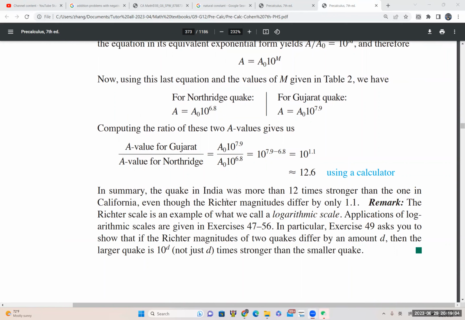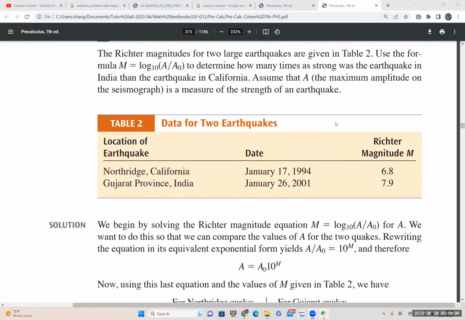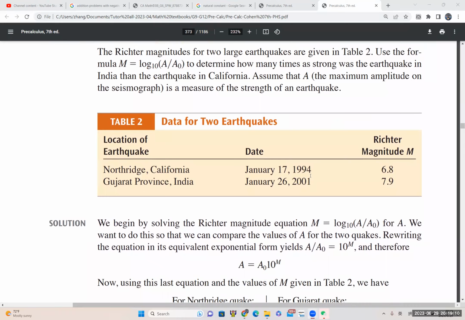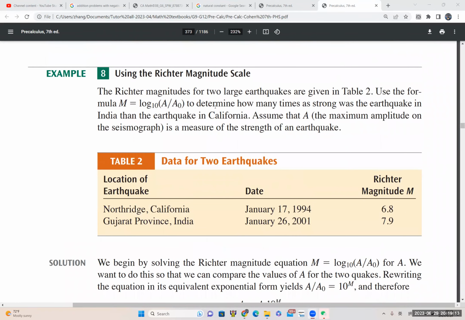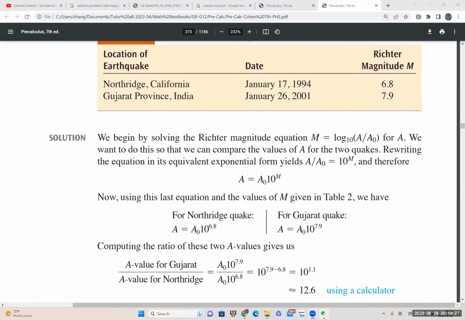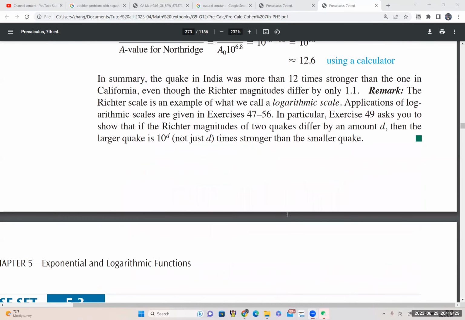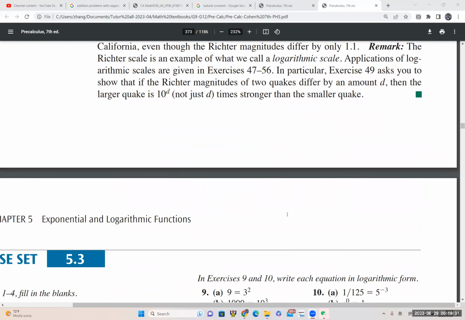When we talk about how strong an earthquake is, we just talk about the magnitude. What's A here? Oh, A is the maximum amplitude on the seismograph. Anyway, it's an application of the logarithm function.